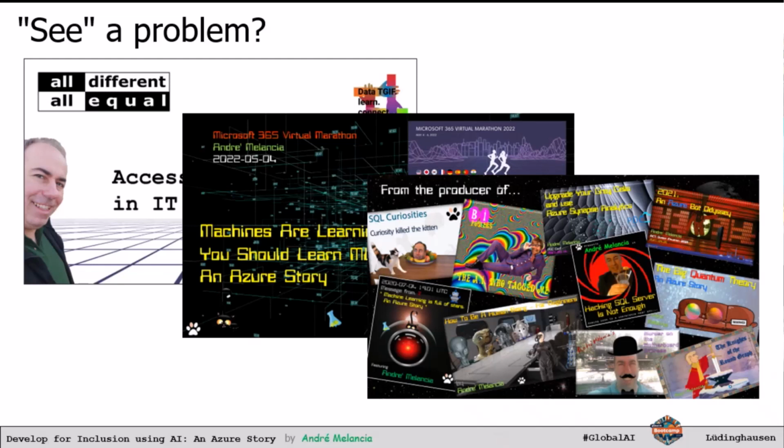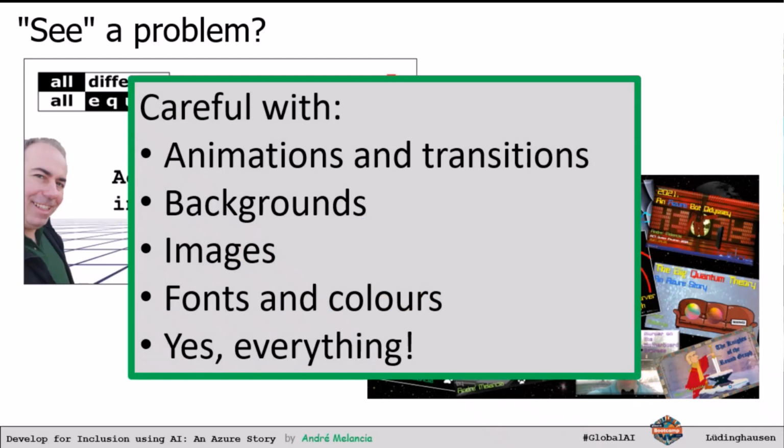And in the case of epilepsy, you might actually get seizures if something like this happens. So be very careful with animations, and colors of course. When you use animations and transitions in slides, small, slow animations are usually fine. Very fast animations are usually not okay.